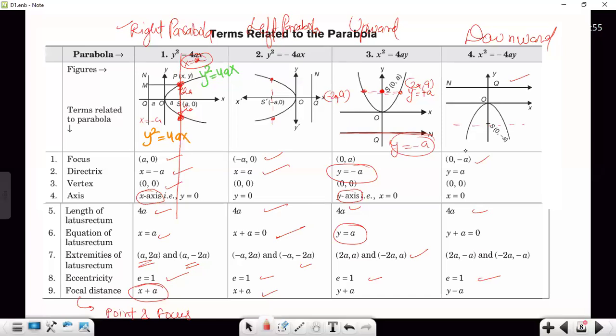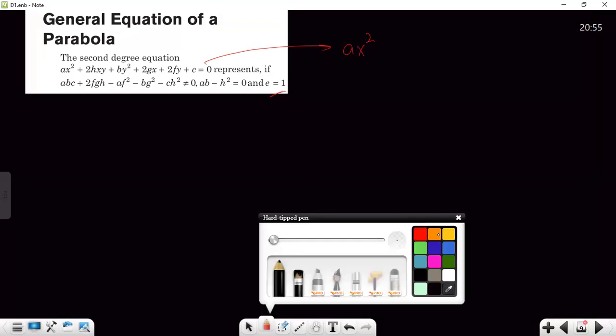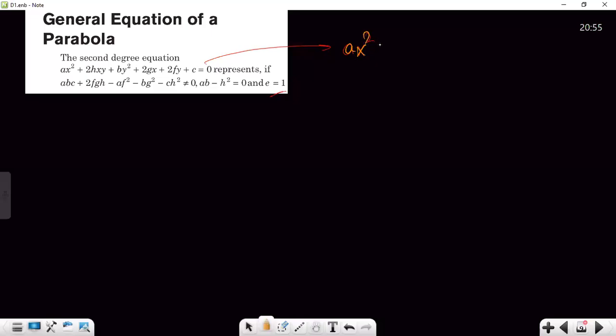The general equation is of second degree: ax squared plus 2hxy plus by squared plus 2gx plus 2fy plus c is equal to 0.